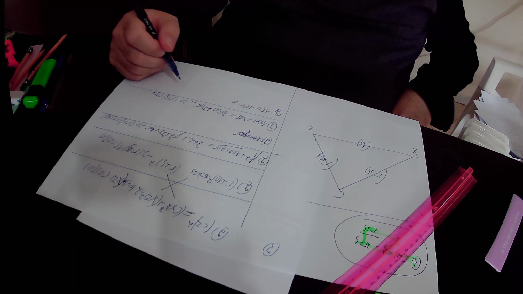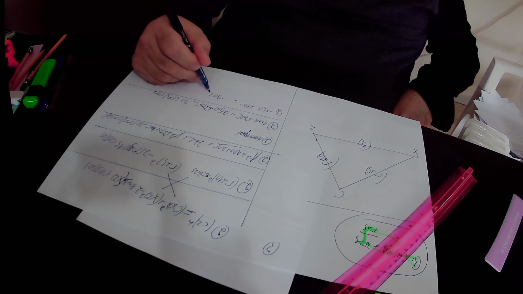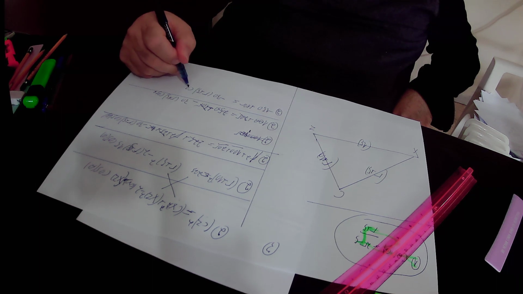And it is equal to minus 30 times r plus 5 times cosine theta.